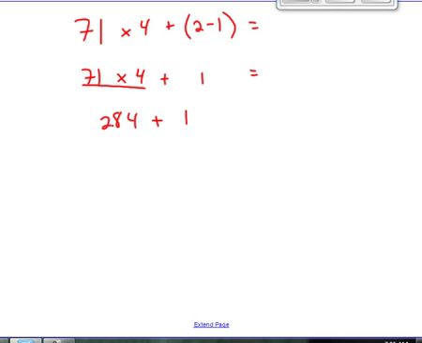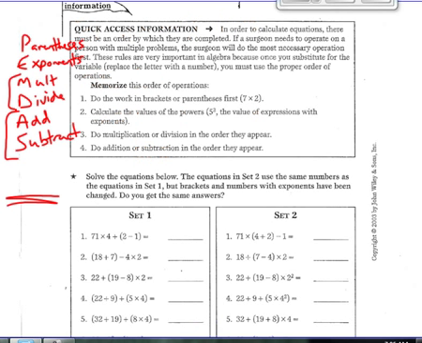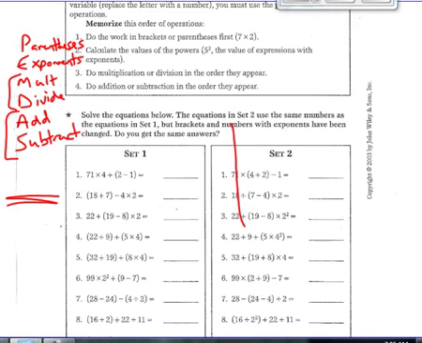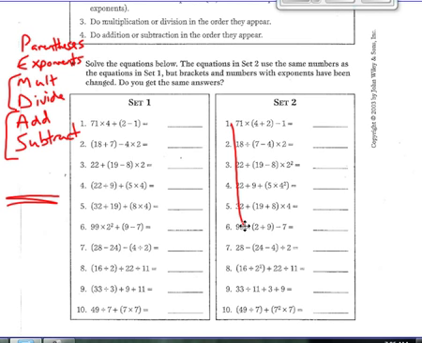Then I'm looking at adding and subtracting from left to right. Well, here's some adding. 284 plus 1 is 285. So this is equal to 285. So when I come back here, I'm going to put my answer of 285 in here.